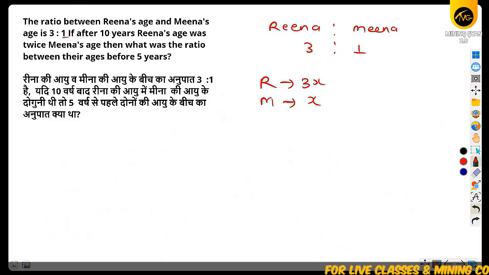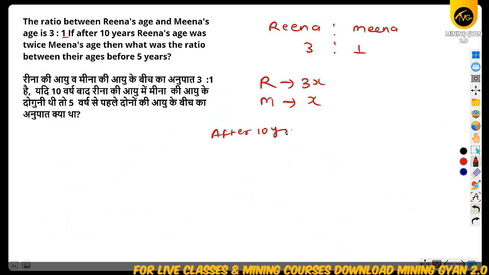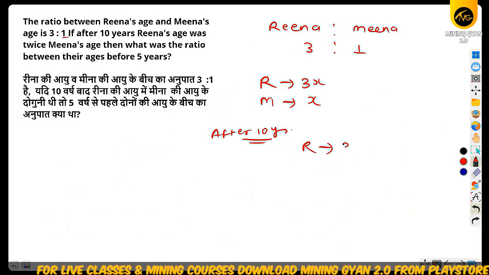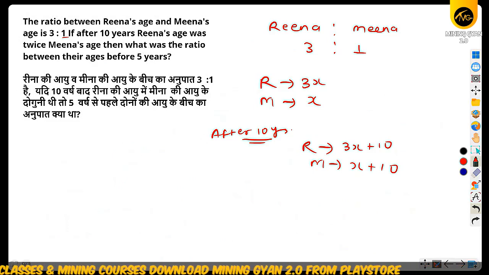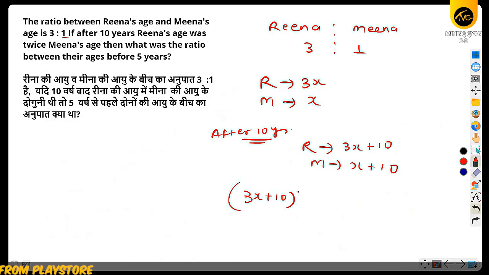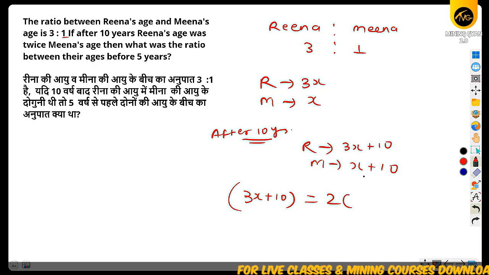Now what is the condition? If after 10 years, Rina's age will be 3x plus 10 and Mina's age will be x plus 10, and create the logic. After 10 years, Rina's age, 3x plus 10, equals twice Mina's age. 2 into Mina's age after 10 years, x plus 10.